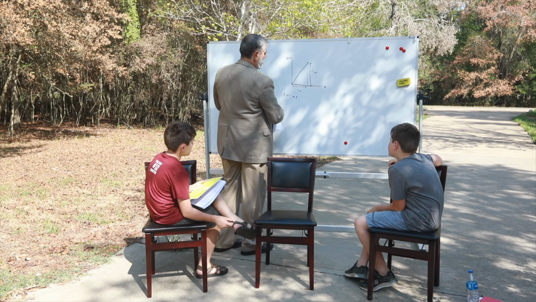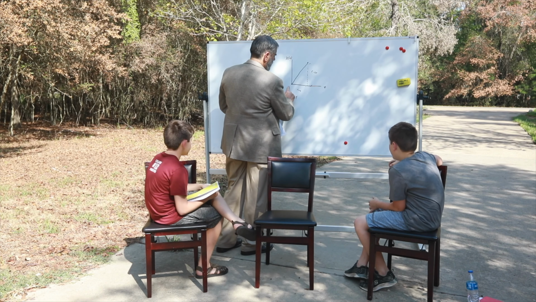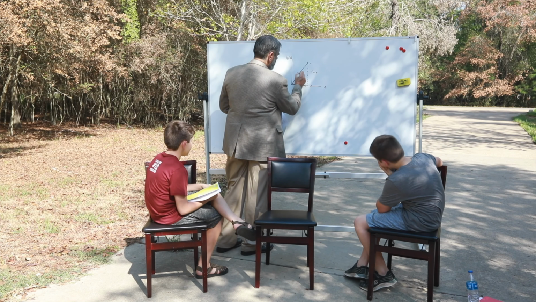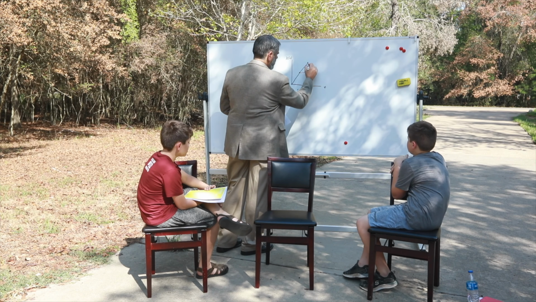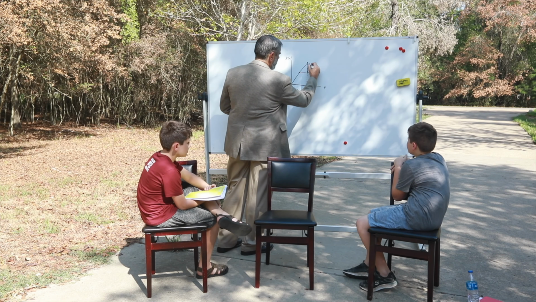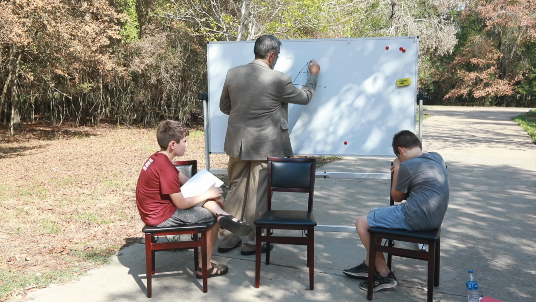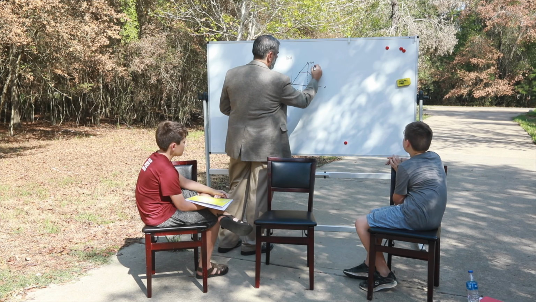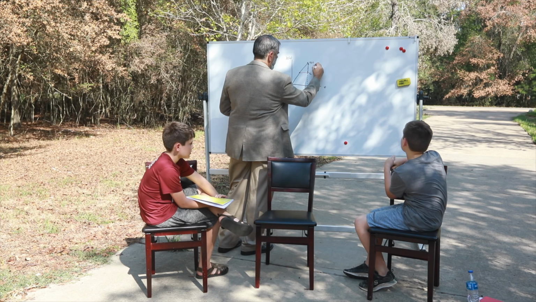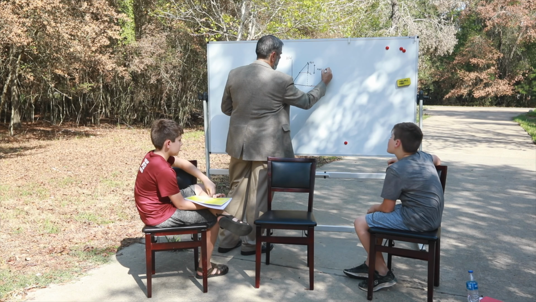Maybe if I chose a different point to get this slope from. What if instead I choose these two points? The rise would be x of t here, and this would be, we'll call it x naught. So this distance, the rise, is x of t minus x naught.